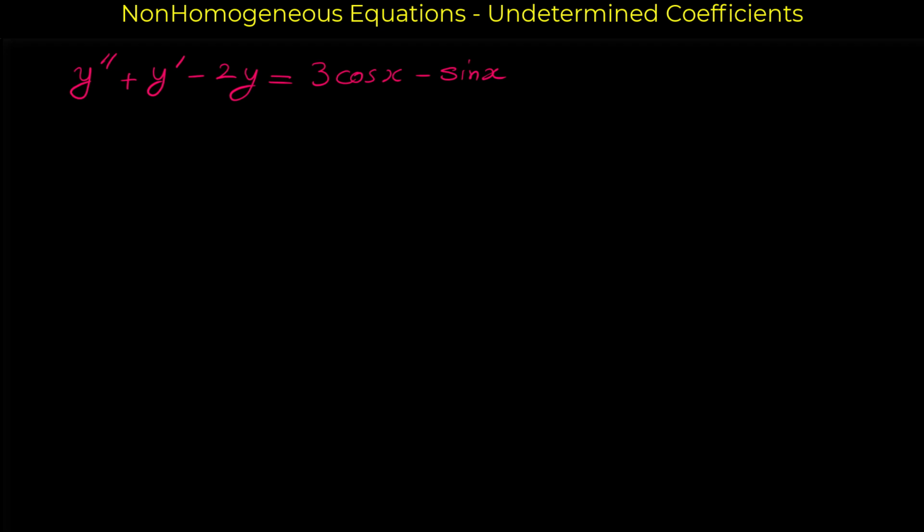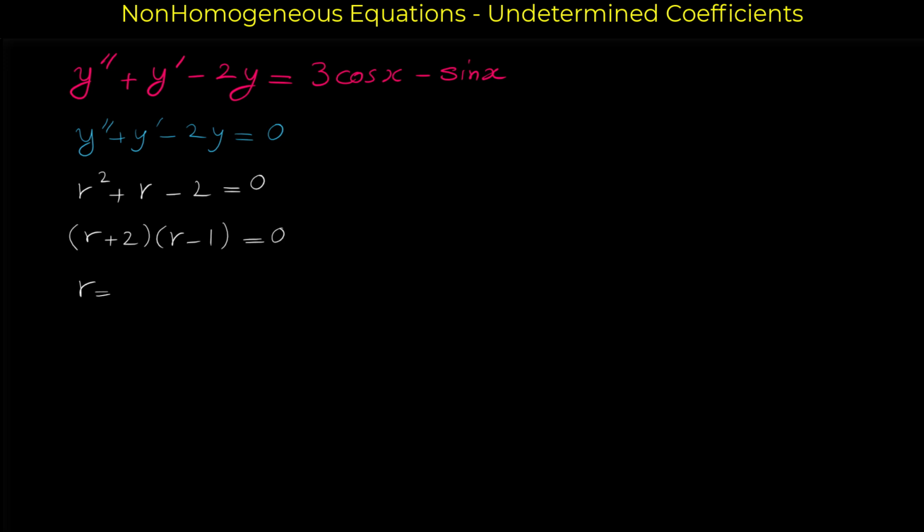First, we have to find the complementary solution. So the first step, as usual, is to set the equation equal to 0 for finding the complementary solution. For solving this equation, we have to find the characteristic equation r squared plus r minus 2 equals 0, which if we factor, we can write as r plus 2 times r minus 1 equals 0.